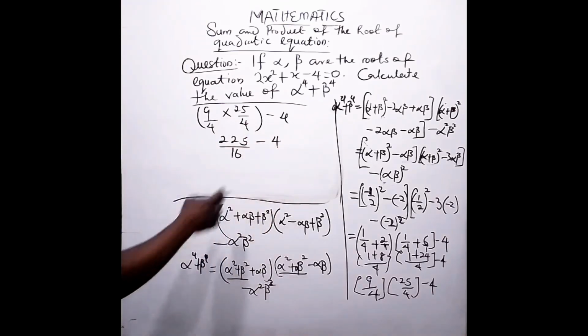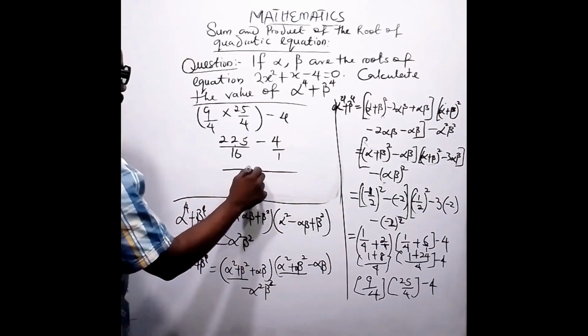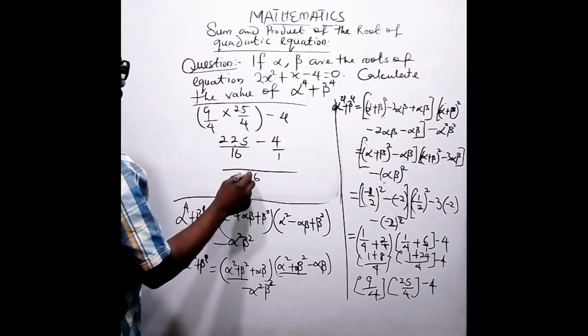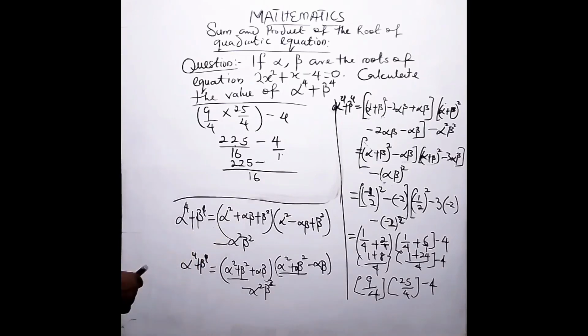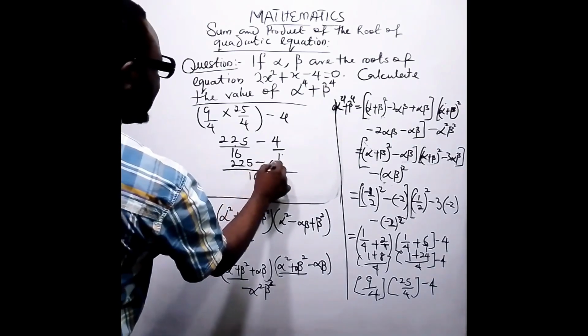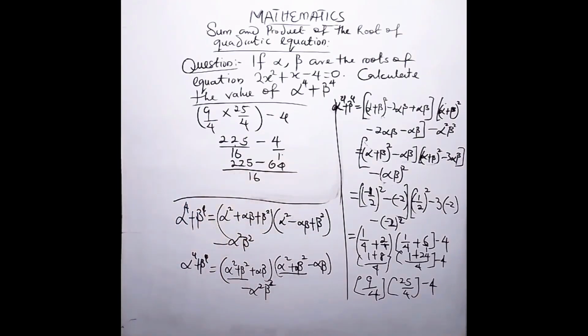So we know that this is a fraction here. This is a value here. So we have to find the LCM, which is 16. So 16 in 16 is 1. That's 225 minus 1 in 16 is 16. 16 times 4, let's check our calculator now. 16 multiplied by 4, we have 64. 64 over 225 minus 16.